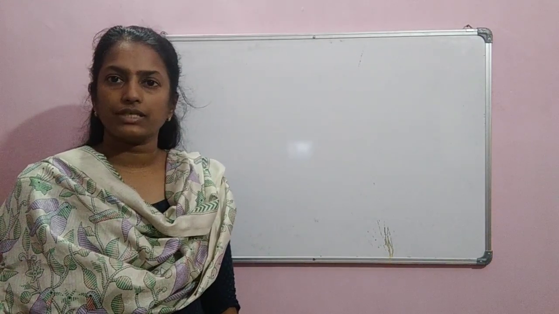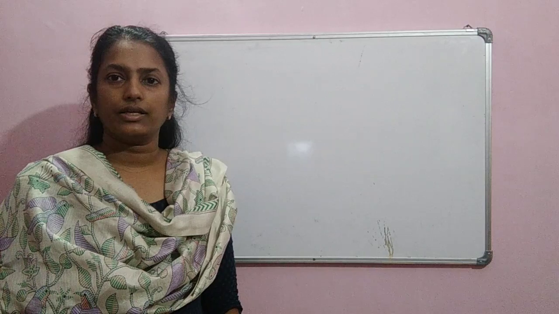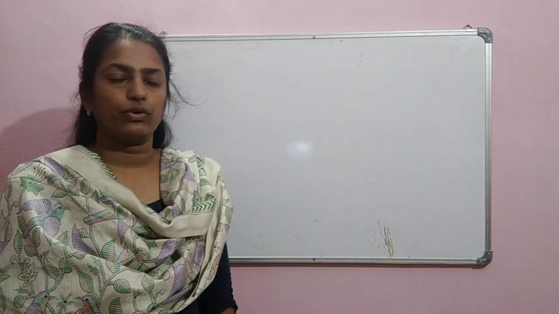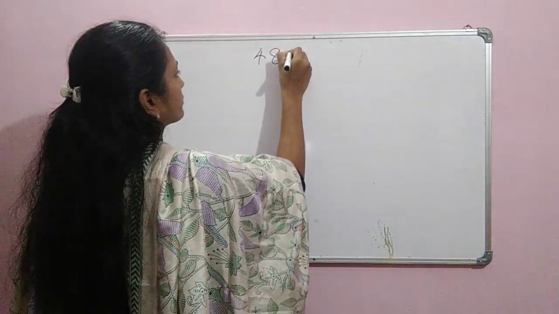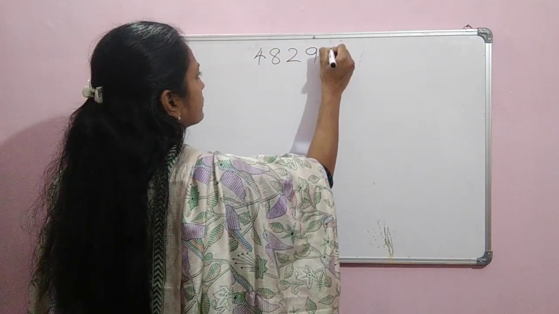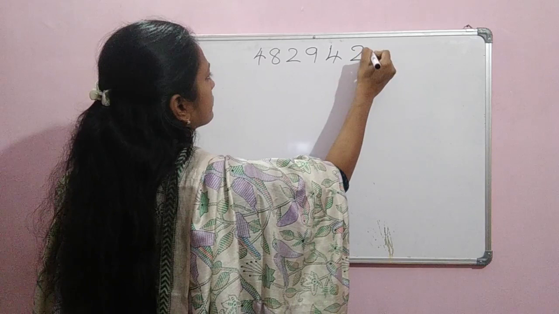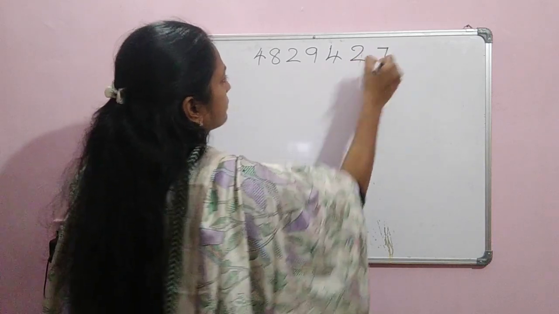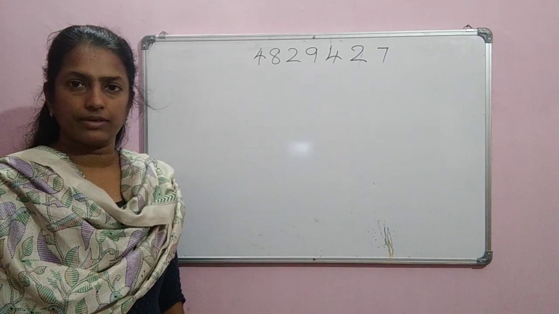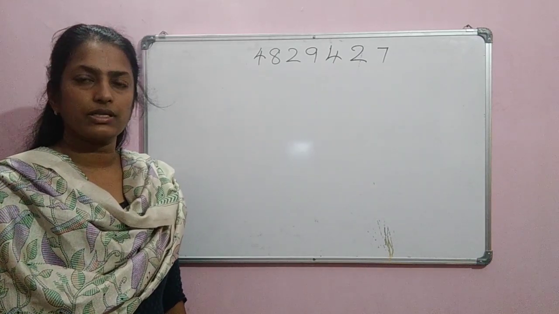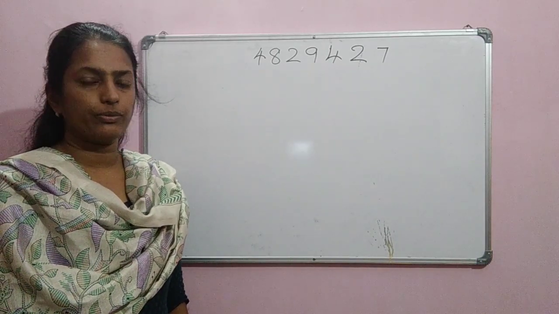So by putting commas, we can easily write the number names. Let's see one more example. So to write this in Indian system, first we have to put the commas. According to the groups, we are going to put the commas.